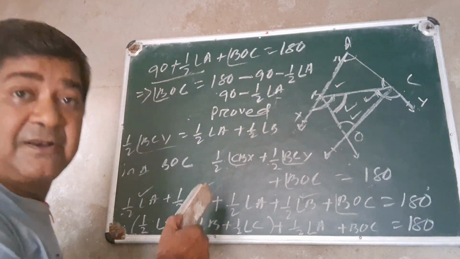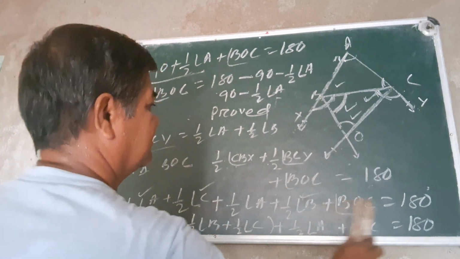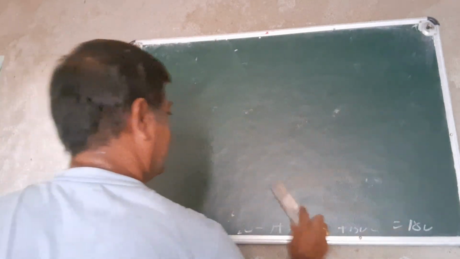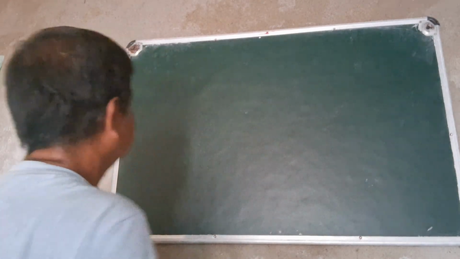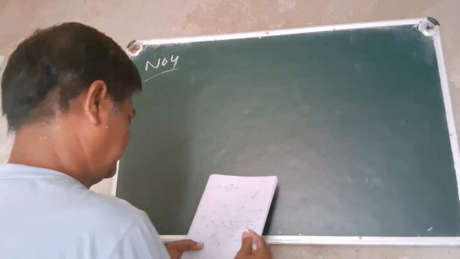It is a very critical number, but very important. Next, number 4. What is given?